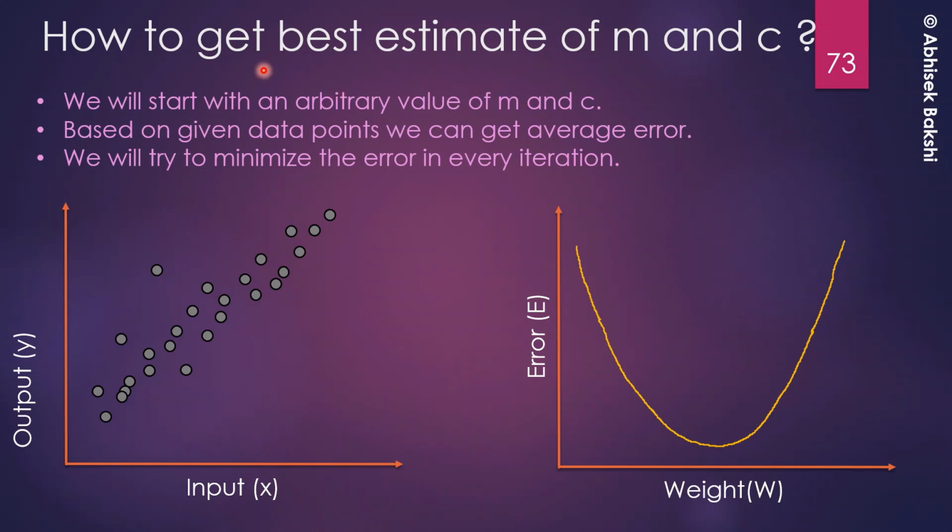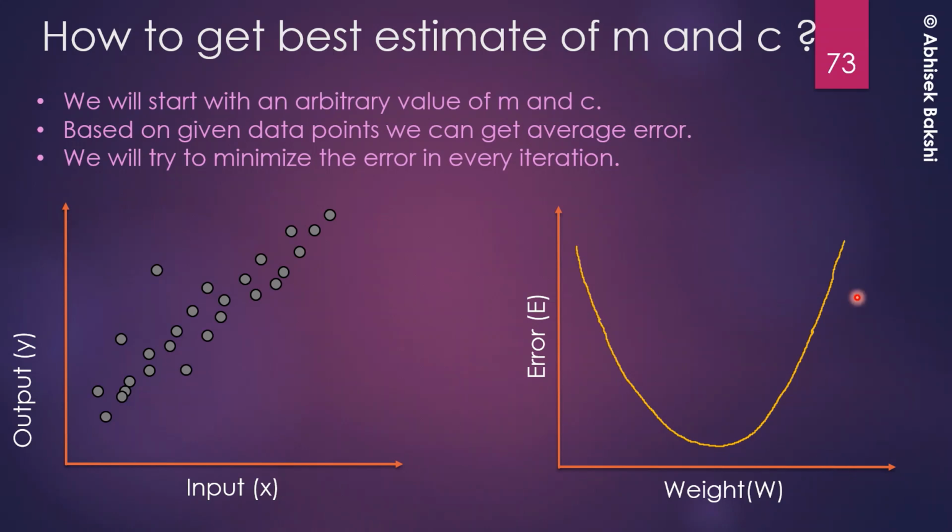On the left hand side, what you can see is exactly the diagram that we have seen in the previous slide. On the right hand side, it will show you how you are minimizing the errors by changing the straight line's direction and orientation.